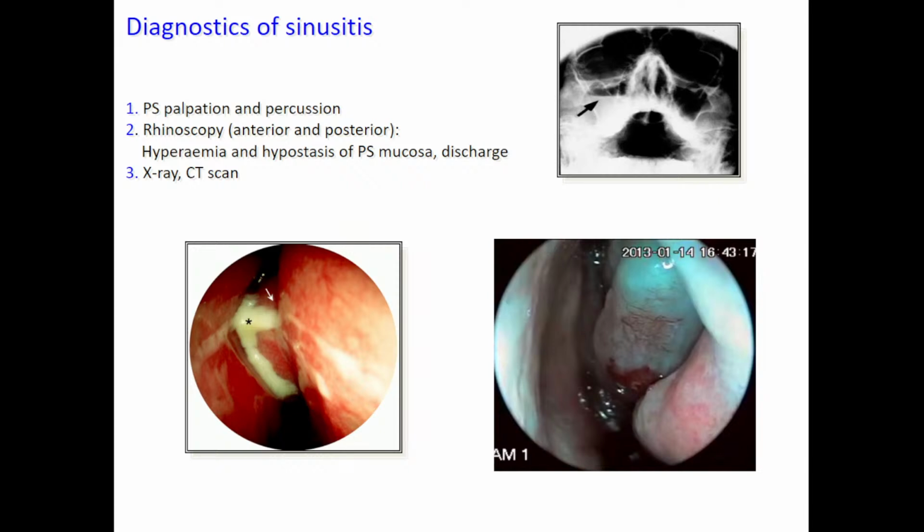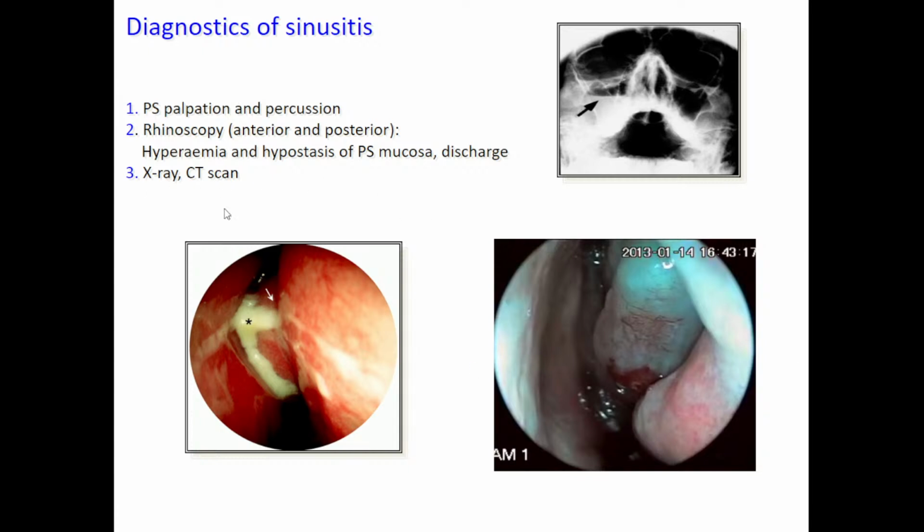Then we provide rhinoscopy, anterior and posterior, or endoscopy. And in rhinoscopy, we may see purulent discharge from the middle nasal meatus. And if it is necessary, you may provide X-ray examination or CT scan.